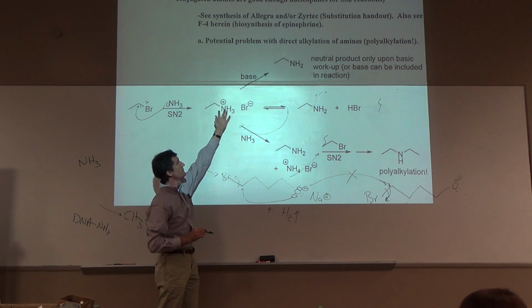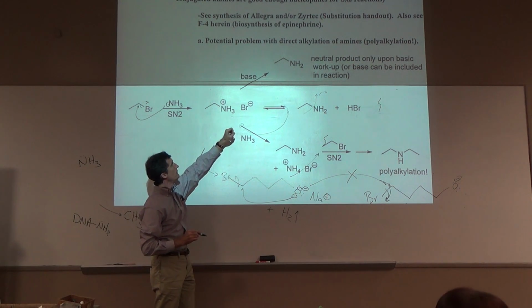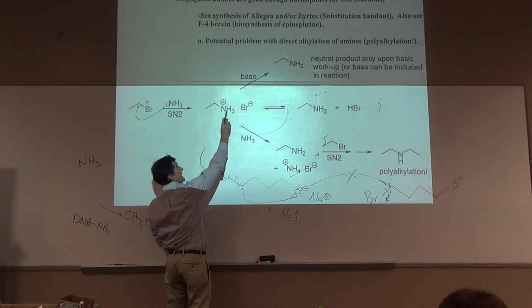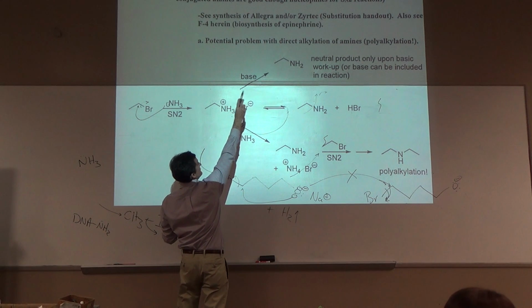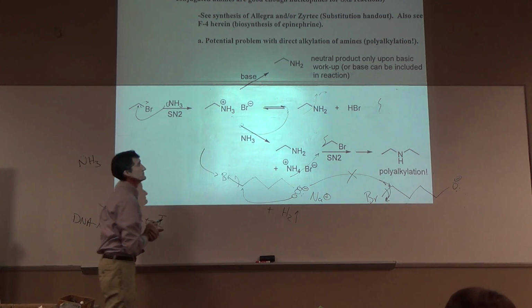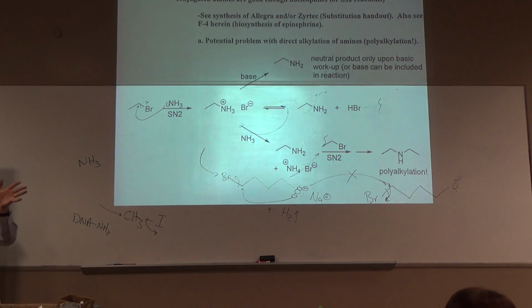That's a salt. Now to go neutral, you got to remove an H. You can include a base, take away an H. To show the mechanism, a base takes the H, and electrons stay behind on nitrogen as a lone pair. So, in the example on the front page, they included, I think, potassium carbonate as the base.